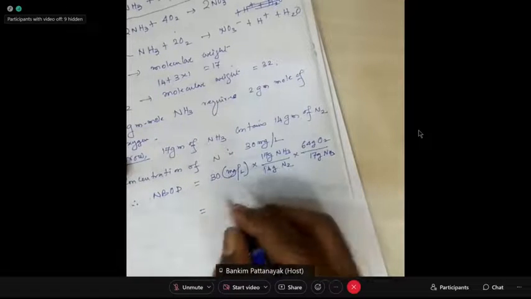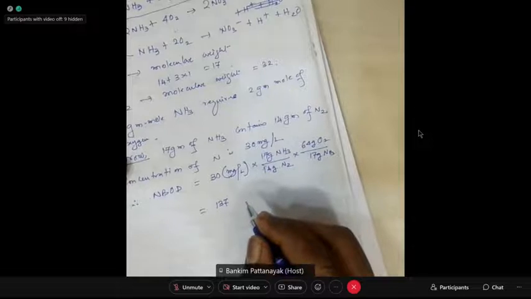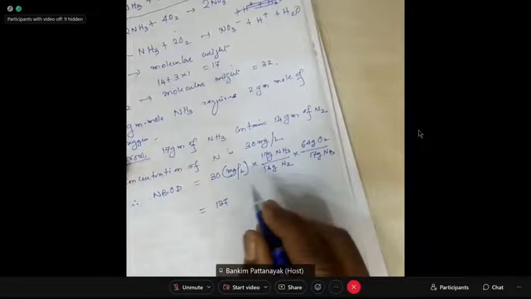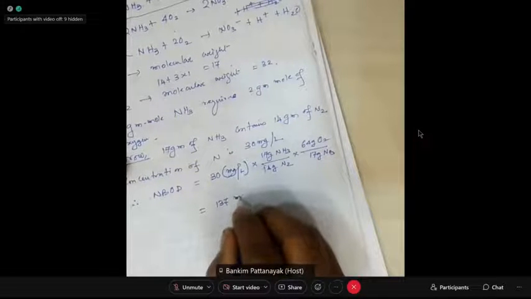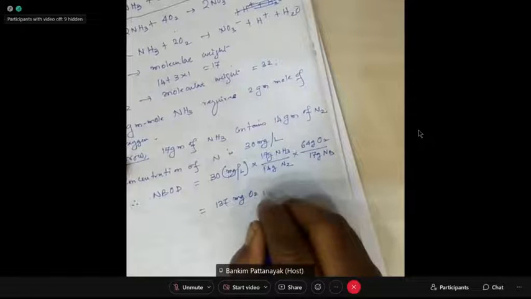If we calculate, it will be 137 milligram of oxygen per liter.